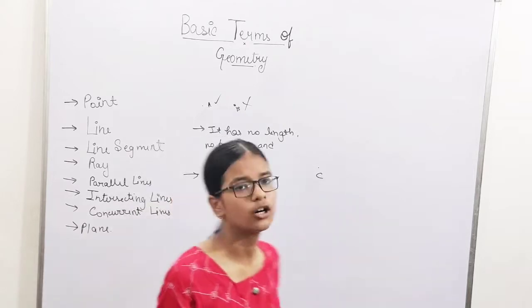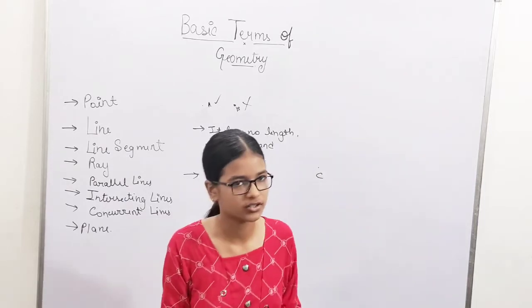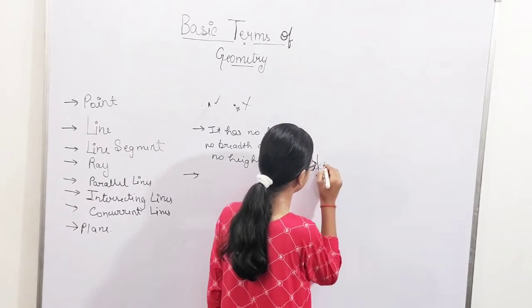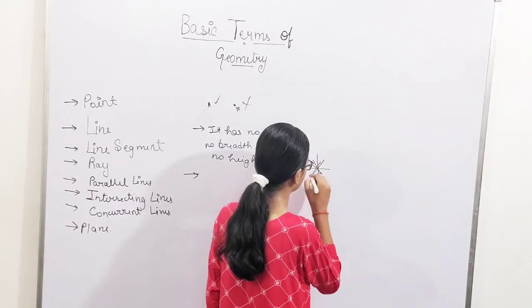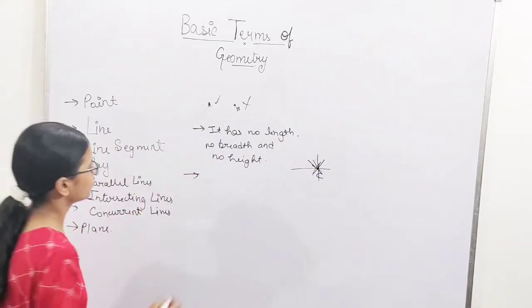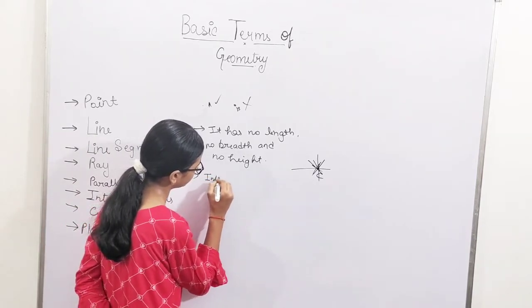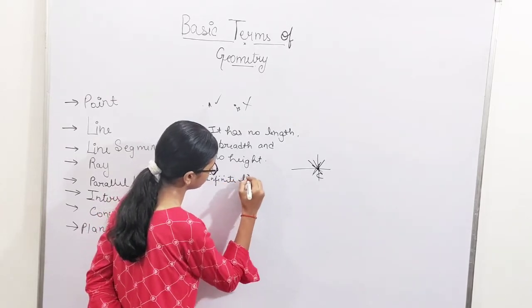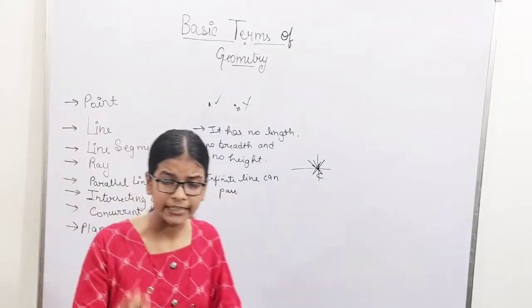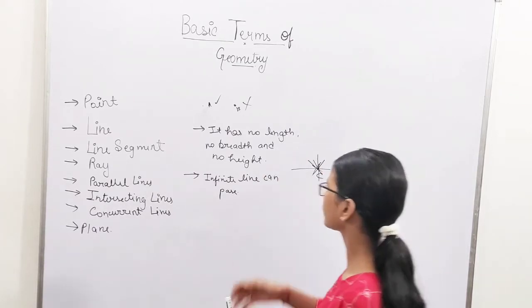If you are given a point and you are asked how many lines we can draw from one particular point, the answer is infinitely many lines. Let me show you how you can draw this and many more like this. How many, if you want, you can just pass through this point C. Okay, so one more characteristic: infinite lines can pass. Infinitely many lines can pass through a single point. Okay, so I think point is all this.